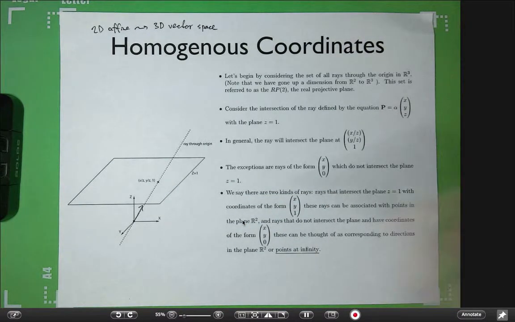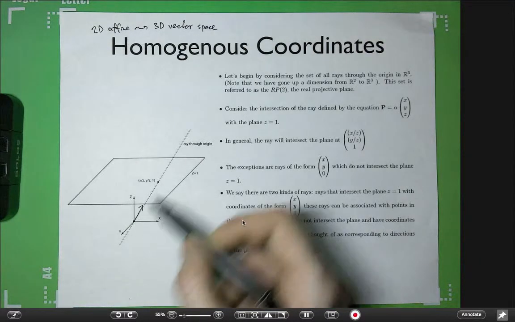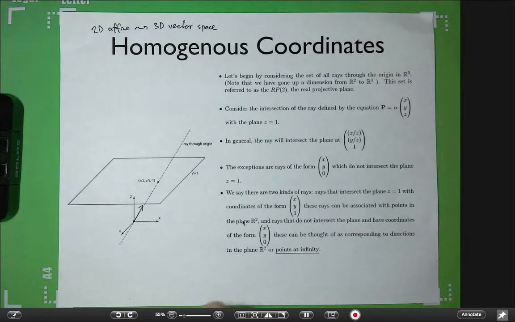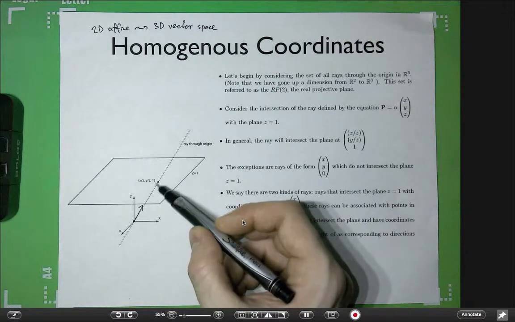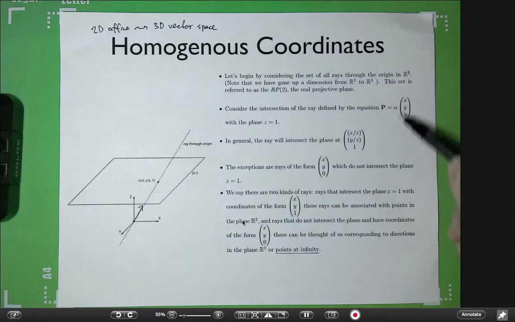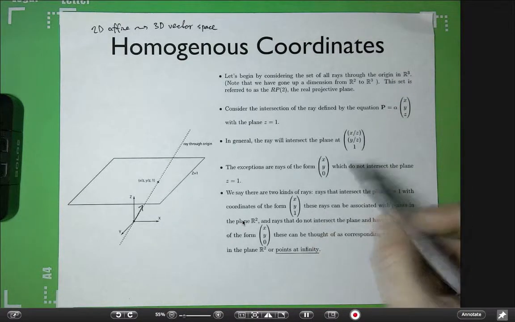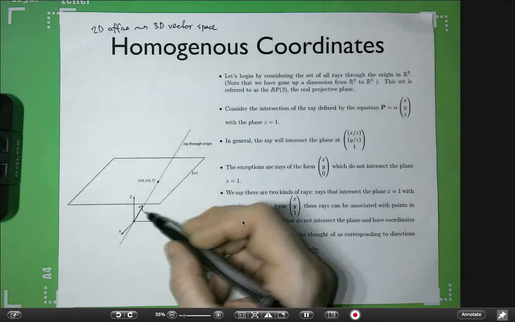So if I start at alpha 0, I'm at the origin. And if I'm increasing alpha, I'm going across this ray. If I had negative alpha, I'd be going the other direction along that ray. And if my alpha is 1 over z, I will exactly hit this plane. When alpha is 1 over z and I substitute here, I get this point: x divided by z, y divided by z, and 1. So that's the point corresponding to this vector.